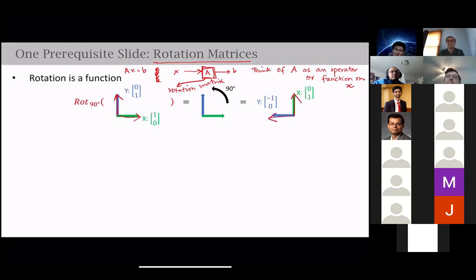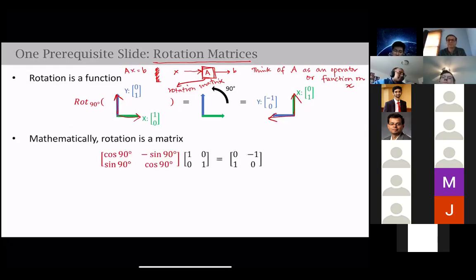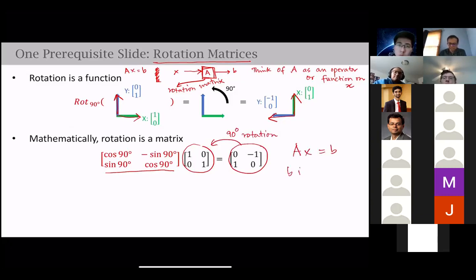I rotate it with 90 degrees counterclockwise. I can create matrices like that. Here is an example. If you take this matrix and multiply it with this matrix, you will get this. And this matrix is nothing but a 90 degrees rotation. So AX equals B. B is 90 degree rotation of X.